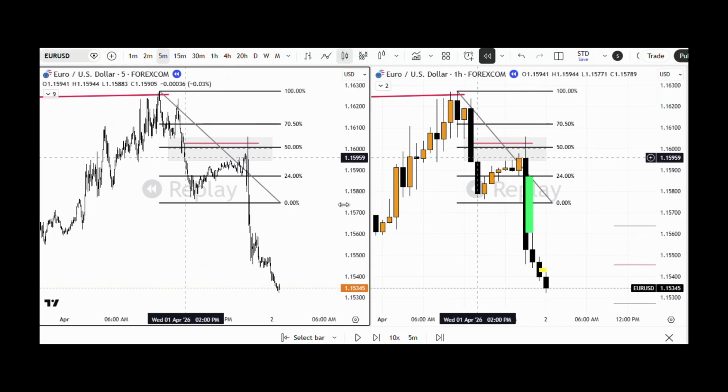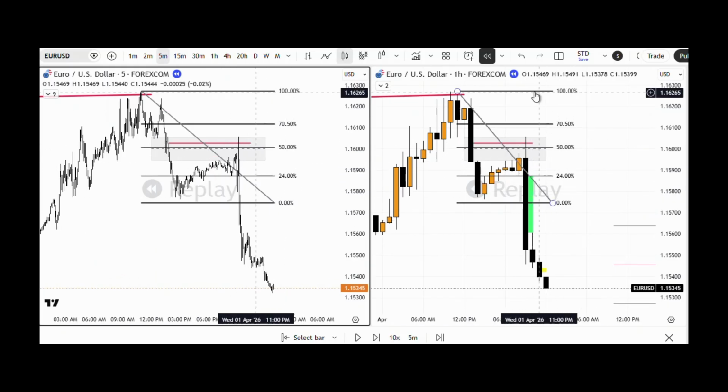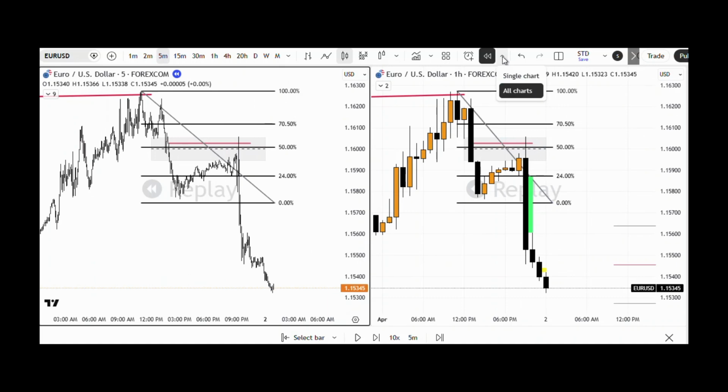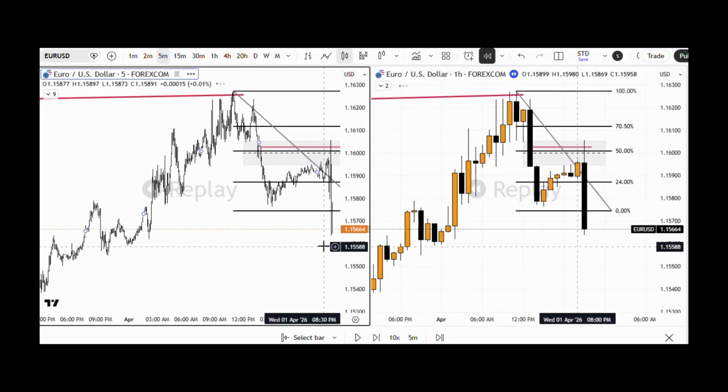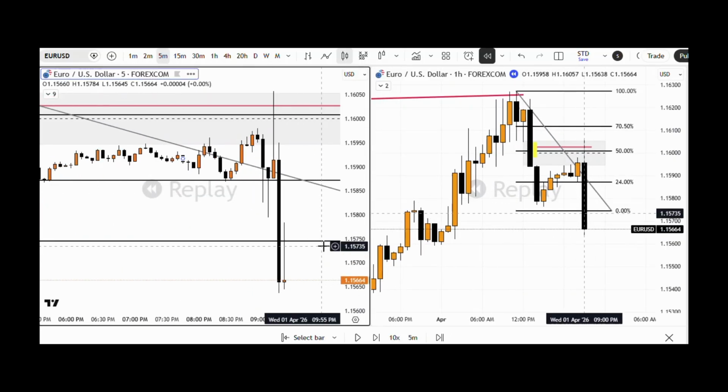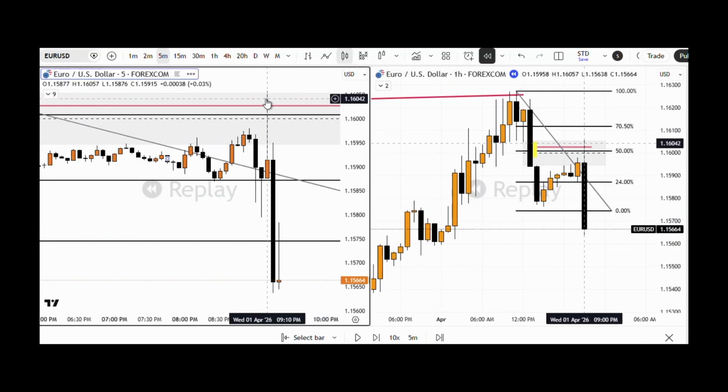When price gets into, let's do this, see if this works. Okay, so right here, I'm anticipating a sell, and I've got the 5 minutes.